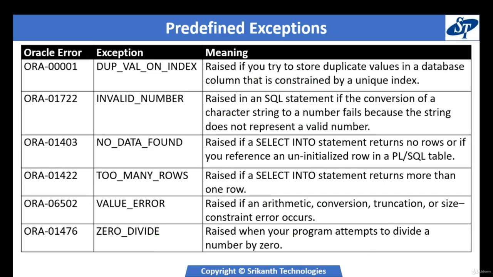Similarly, if you ever give an invalid number where a valid number is expected, you get invalid number. Value error occurs whenever there is basically a size error. For example, there is a variable which can accommodate 5 characters, but you are trying to assign more than 5 characters. And zero divide is universal. Anytime you try to divide a number by 0, you get this. So these are all predefined exceptions.